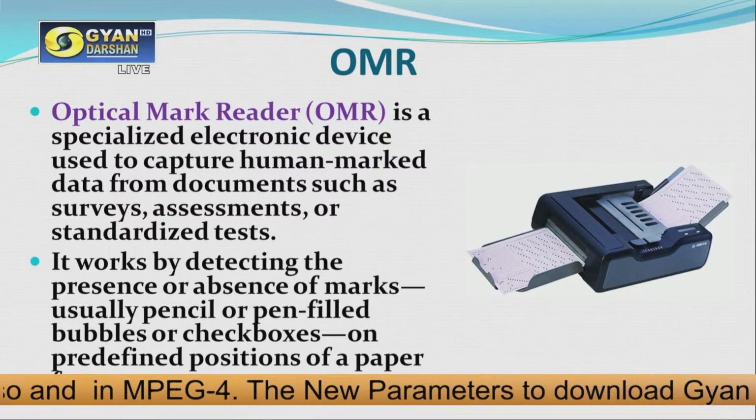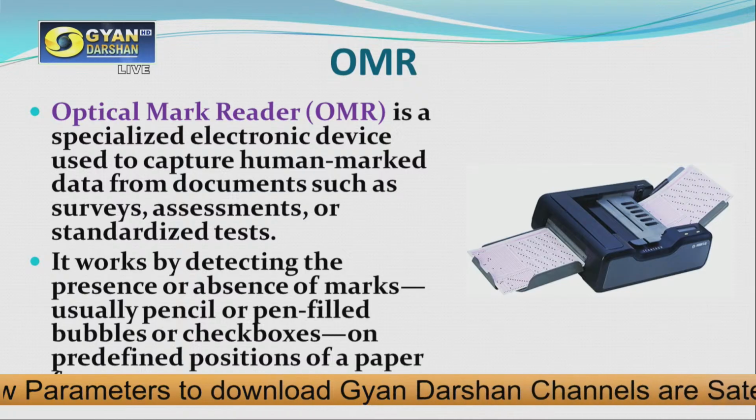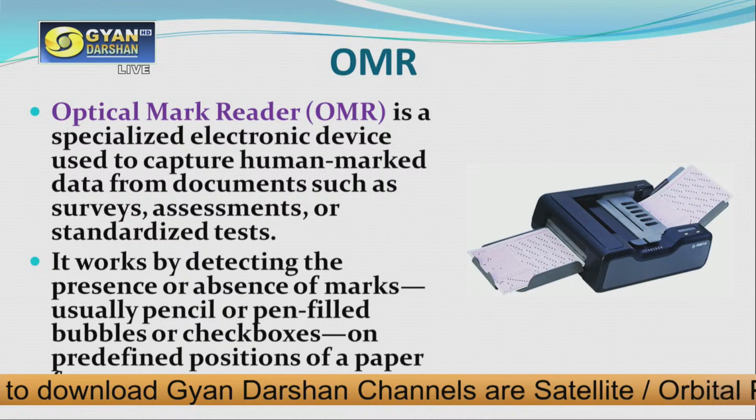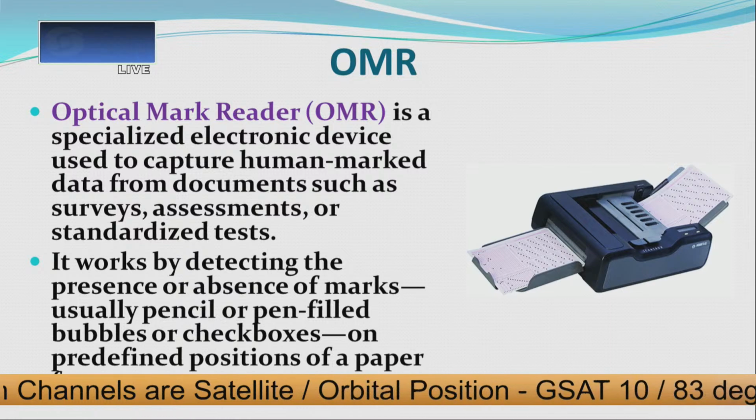Those are scanned and ultimately the result is displayed. This works by detecting the presence or absence of marks. Whether you fill in a oval or a square, those will be identified by the reader and marked accordingly.